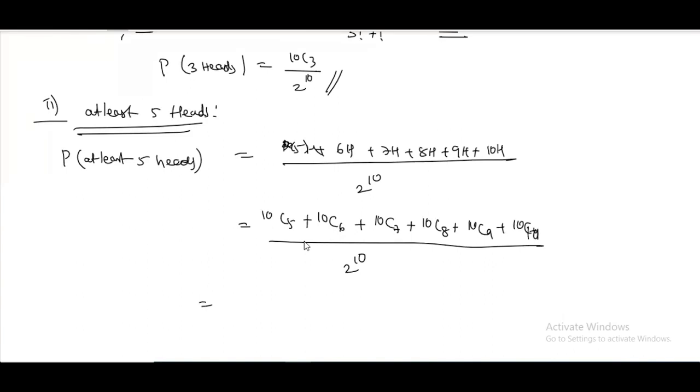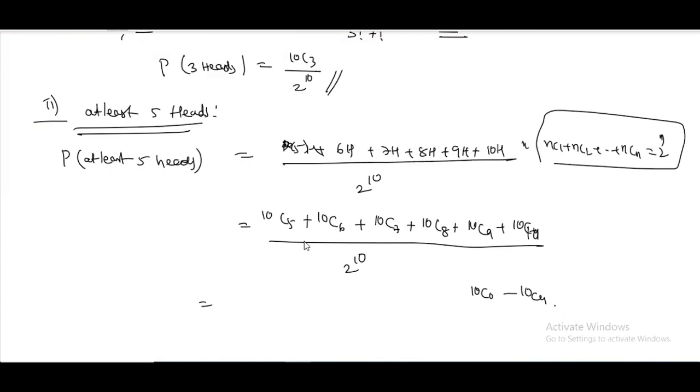So when I add and subtract 10C0 to 10C4, it will be converted like NC0 plus NC1 plus NC2 and so on up to NCN is equal to 2 power n. So how can we write this?